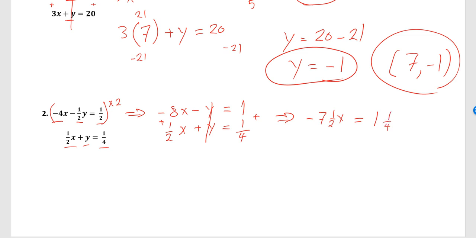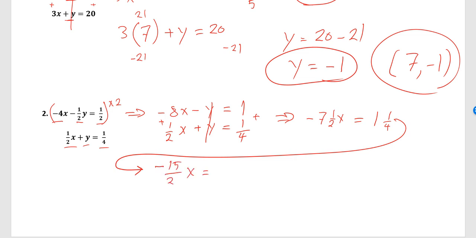So we can convert these to, let's work back here so we have more space. So minus 7.5 is minus 15 over 2 x equals 5/4.